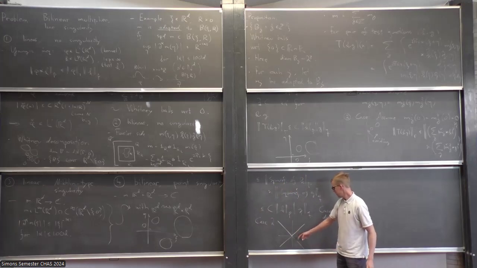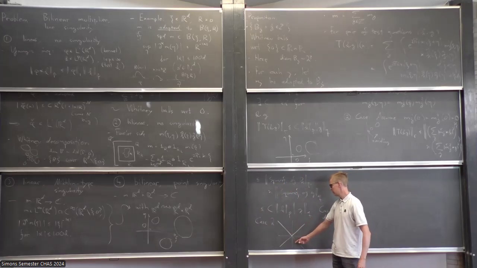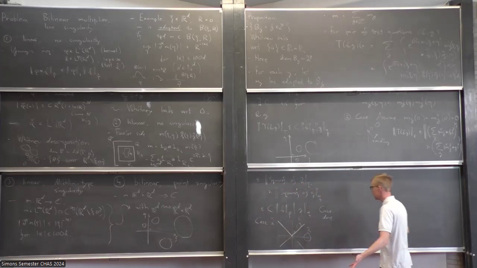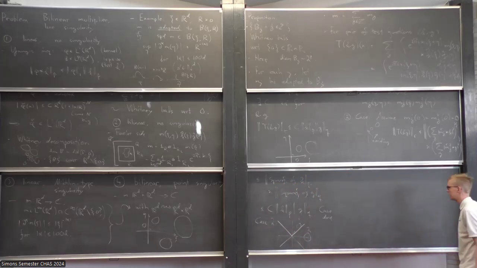In one, we collect everyone who is touching or above the lines, and in the other one, we collect every ball which is below. So this is form 1, and this is form 2. And now we have 2 forms that we handle separately.